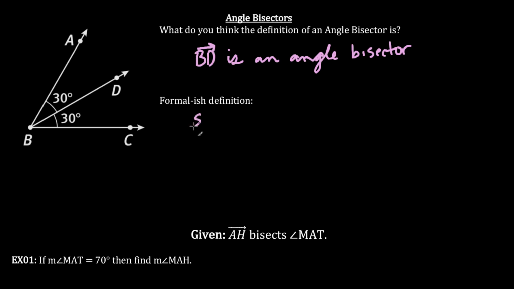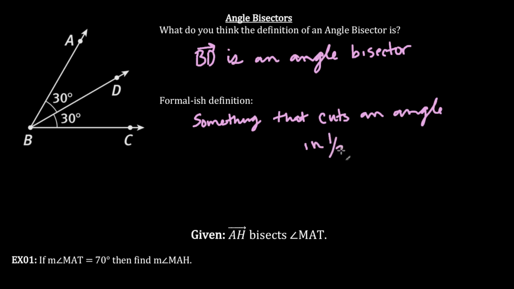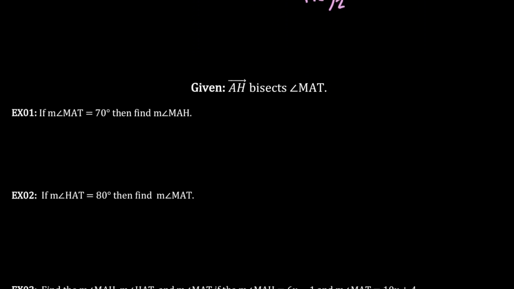It's something that cuts an angle in half. So BD was the angle bisector of ABC because it cut it into two angles of 30 degrees.